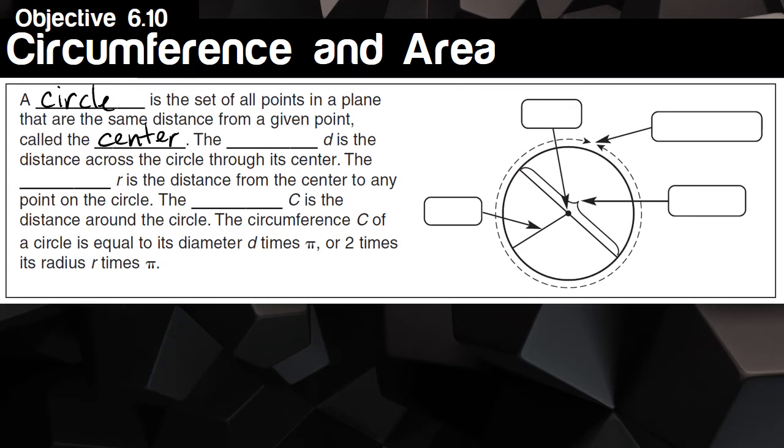Let's label our circle here. We have this middle point, which we call the center. And this outside edge all the way around is called the circumference.